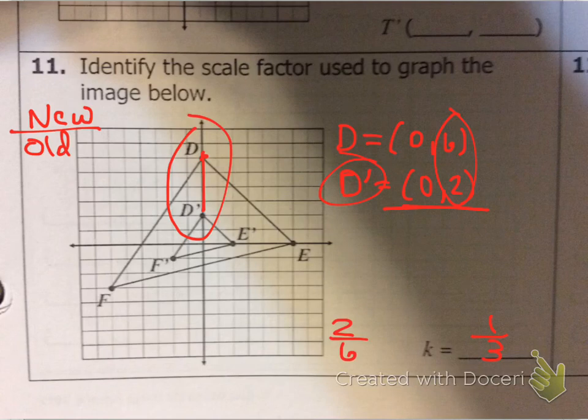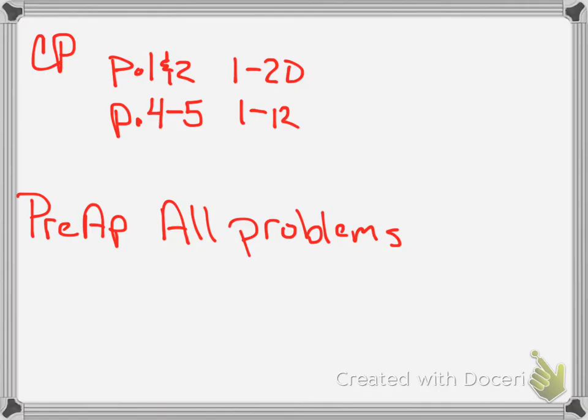Anyways, so what is the assignment? Now I can get to the assignment. For my CP classes, what I want y'all to do on the symmetry, which is pages 1 and 2, is problems 1 through 20. I think I already did the first 6 for y'all anyway, so you've got quite a few of them taken care of. And then on pages 4 and 5, you can skip page 3 completely.